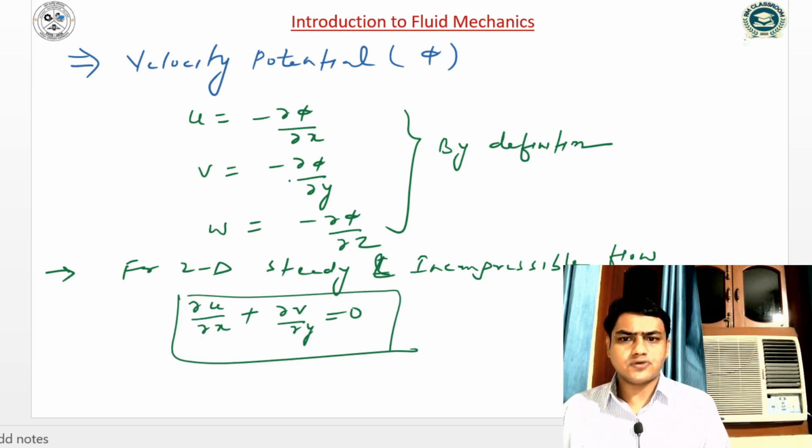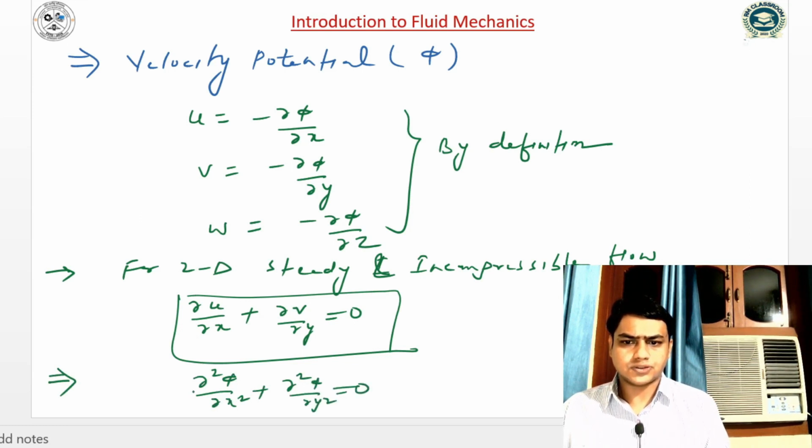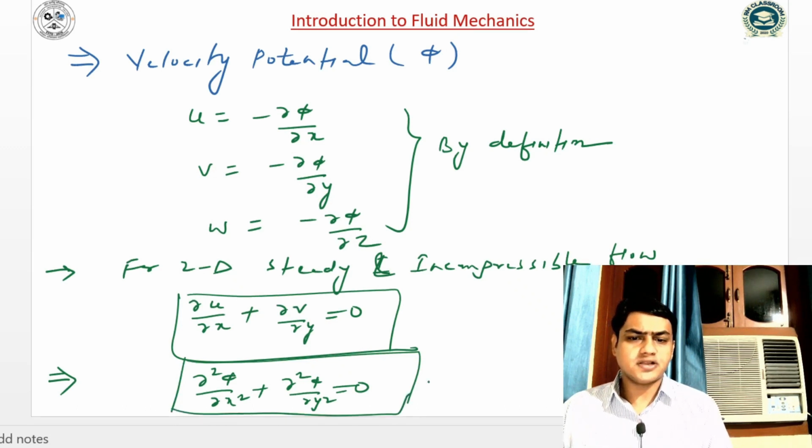If you put the value of u is equal to minus del phi by del x and v is equal to minus del phi by del y, you will get del 2 phi by del x square plus del 2 phi by del y square is equal to 0. It means that velocity potential must satisfy the Laplace equation. So this is the Laplace equation.